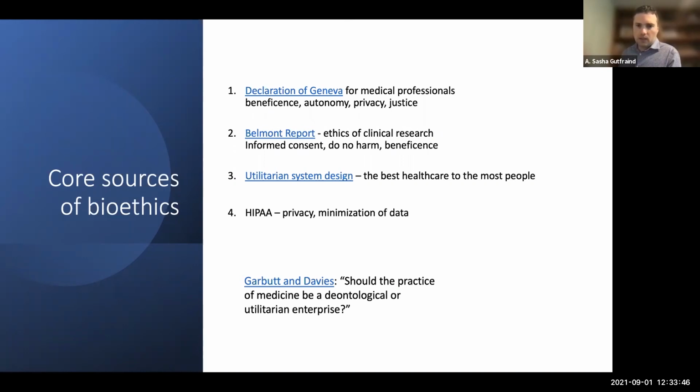A lot of the time when we work as data scientists, we actually think about numbers 3 and 4 in this list. We try to build a solution that is efficient, that gives the most healthcare to the most people.